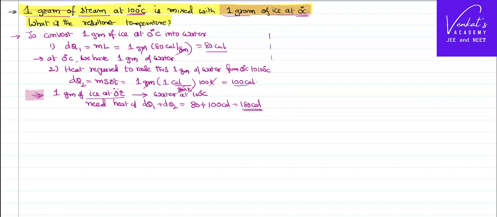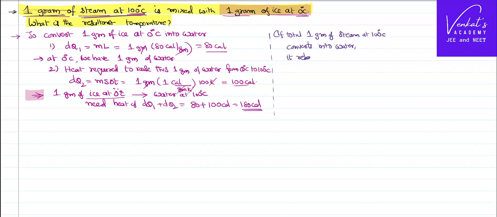See the next step now carefully. This is all about who gains heat. Who loses heat? This is steam. How much of the steam? 1 gram of the steam. So if total 1 gram of steam at 100 degrees centigrade converts into water, it releases a heat of how much? dq is equal to ml.